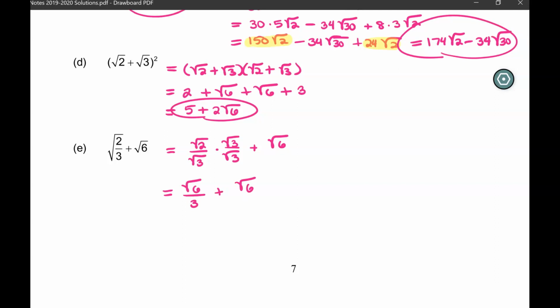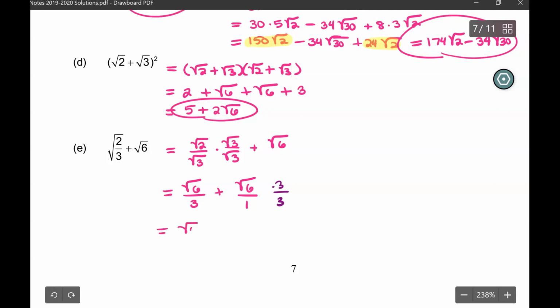Now, I can actually find a common denominator. So I have a 3, and if I put that over 1, I can multiply by 3 over 3. So I have square root of 6 plus 3 root 6. Right? And so when I add those together, I get 4 root 6 over 3.